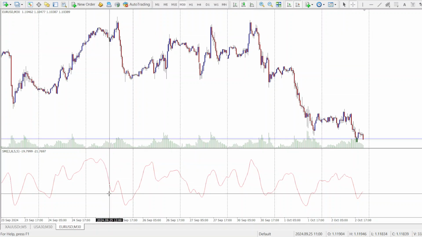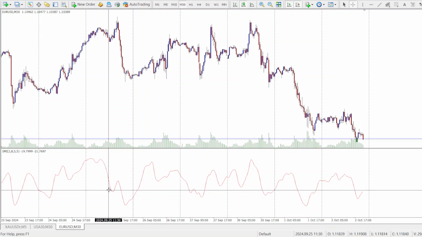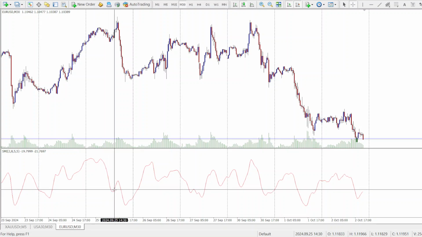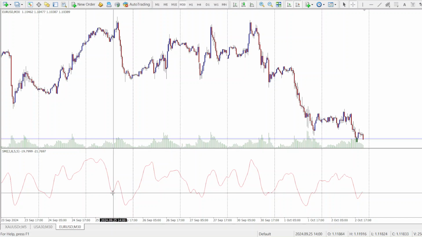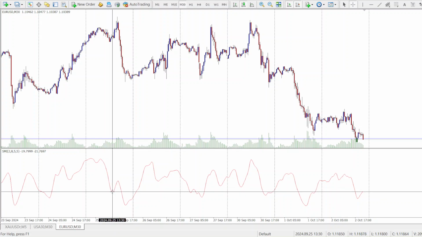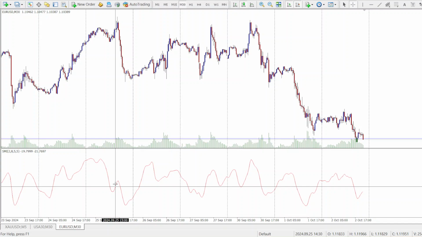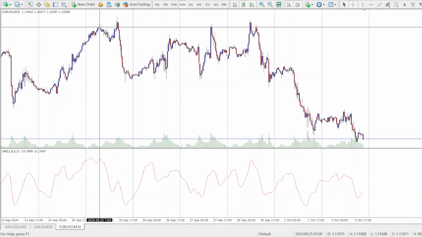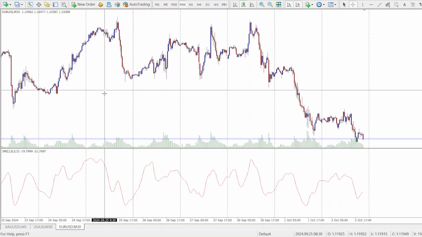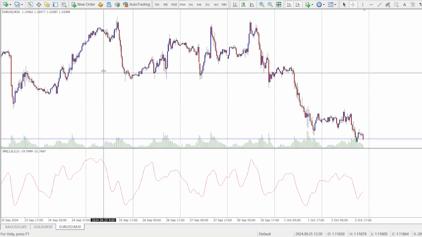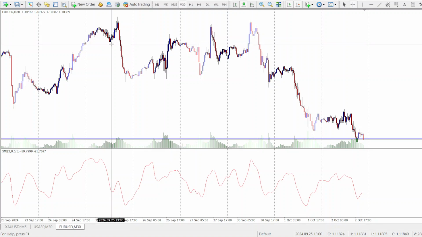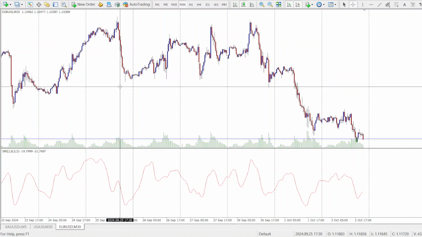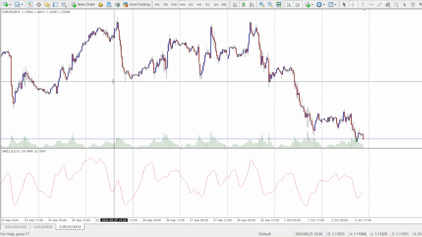Then remember that our exit signal is when we have an opposing curve, which is going to be here. Now, having already entered a sell trade here, we would have exited somewhere around here if we were using only the SMI indicator to determine our entry and exit, right?